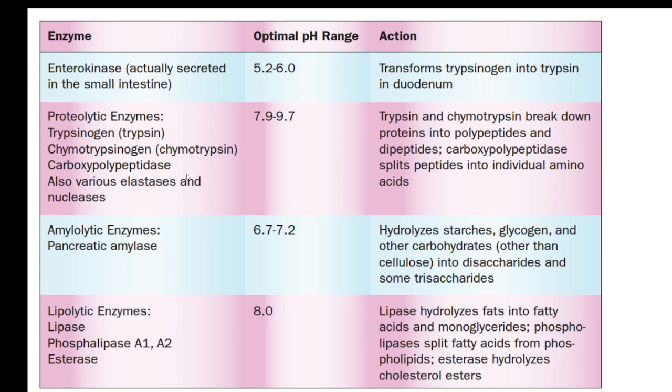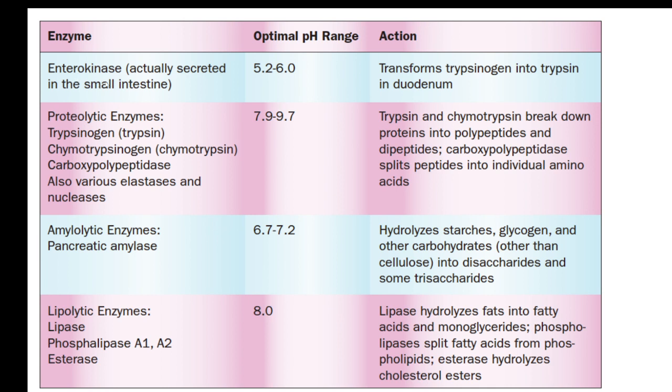Similarly, you have many of these nucleases and elastase enzymes which destroy substances like protein as well as carbohydrate, so chymotrypsinogen and carboxypolypeptidase. This set of enzymes is quite important in the pathology of the diseases, where the inactive forms of these enzymes are present in the pancreatic tissue, and after their secretion they become activated and produce the digestive activity.